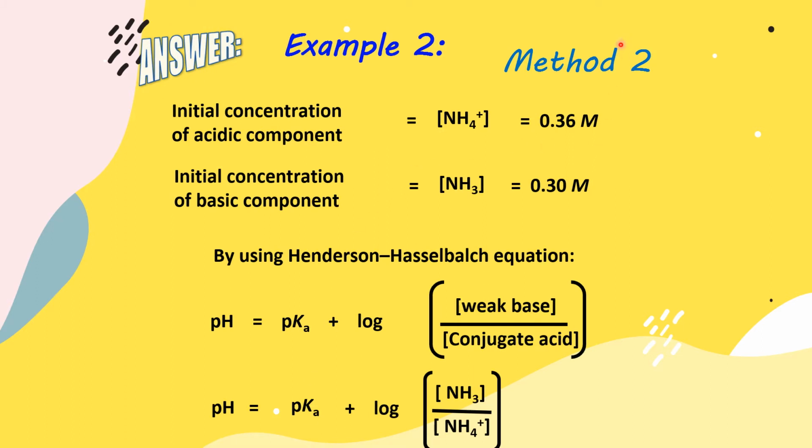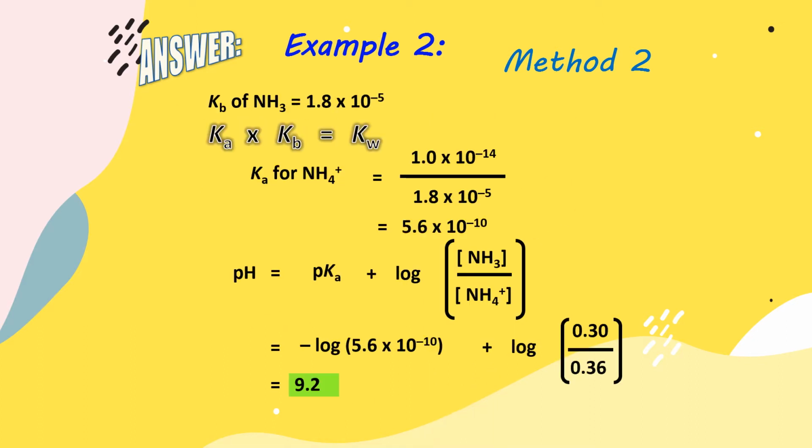Okay, method 2. Analyze the question. So this is the concentration of ammonium, 0.36 molar, and the concentration of weak base ammonia, 0.3 molar. So equation, substitution. Then, one of the formulas is Ka times Kb equal to Kw. Since Kb is given, and Kw is a constant, then we can find the Ka for ammonium.